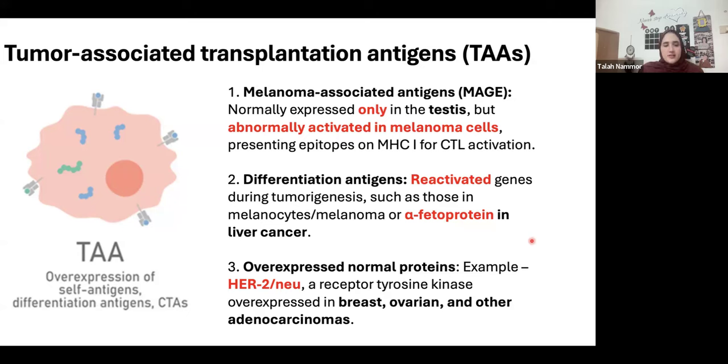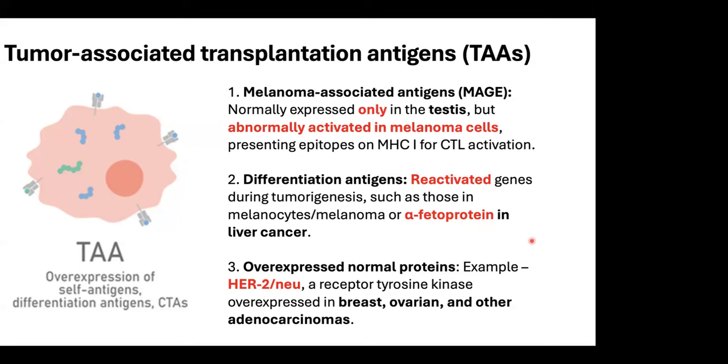Guys, do you understand what antigens are? Antigens are things that are produced by the tumor cell that can tell you that, oh, I'm here, you know? Do you get me? So basically, these are antigens that are naturally found in the body.